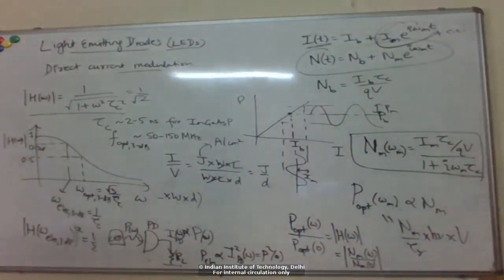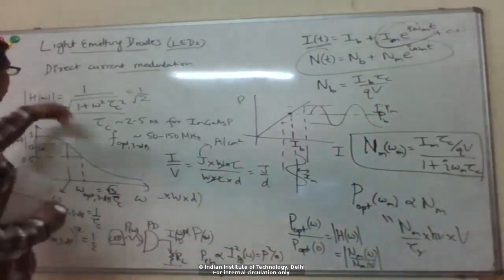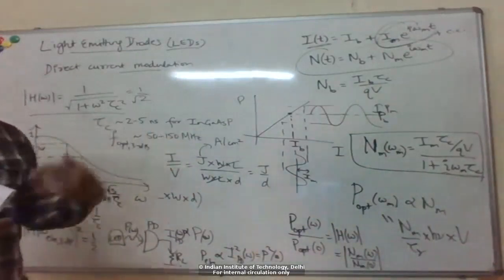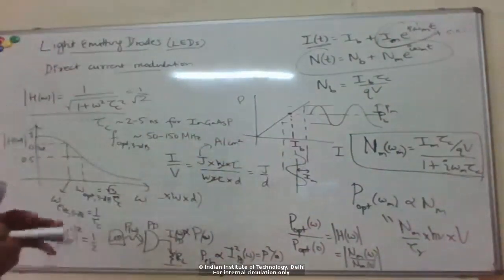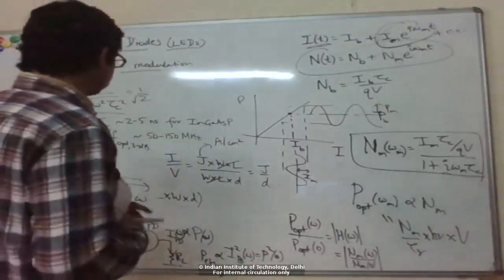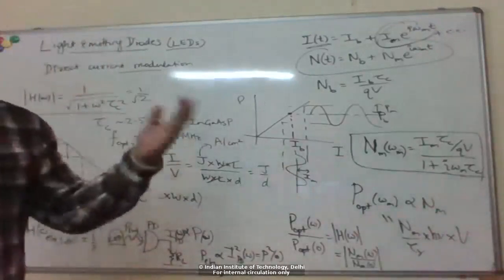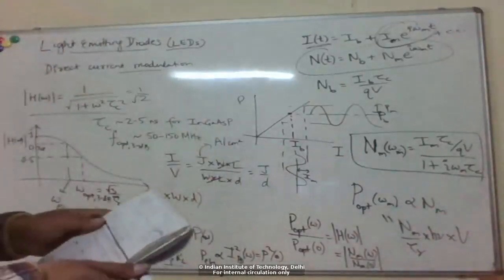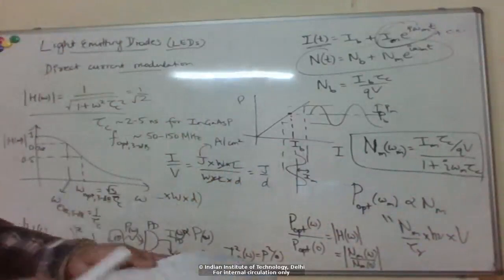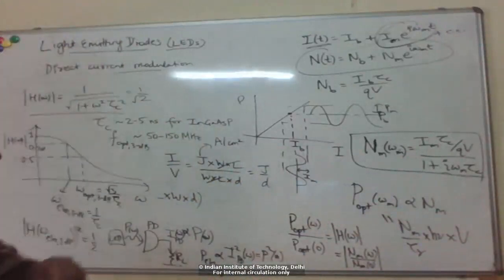So with direct current modulation, that's the rate you can go to, maybe a couple hundred megabits per second is the maximum with LEDs and direct current modulation.